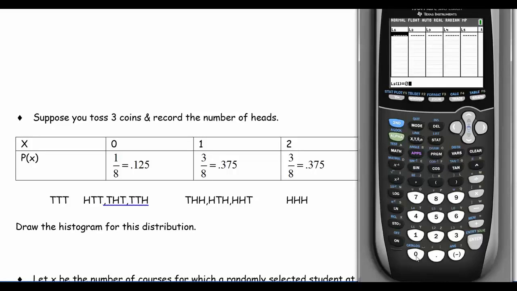So I'm going to just enter the 0, the 1, the 2, and the 3, and then I'm going to type in the decimal, the percent of the time that this particular thing would show up. Okay, so from here we're going to go to stat plot, and make sure your plots are on, and then we're just going to highlight the histogram choice.